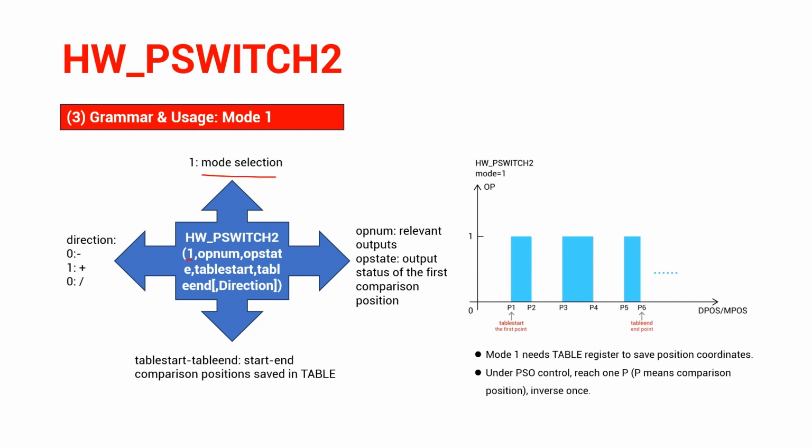Mode 1, so fill in 1. OP number, fill in corresponding output port to be operated. OP state, output status of the first comparison position. That is, when comparison is triggered, the first port state is off or on. The default status is off.